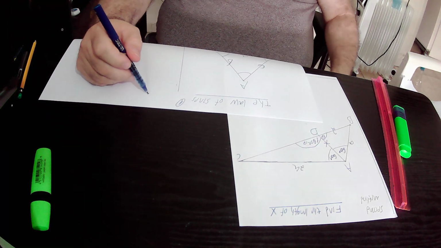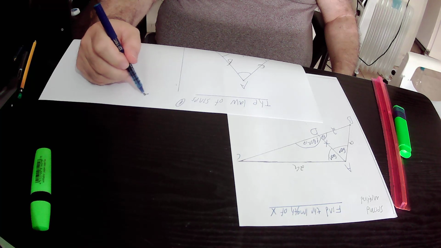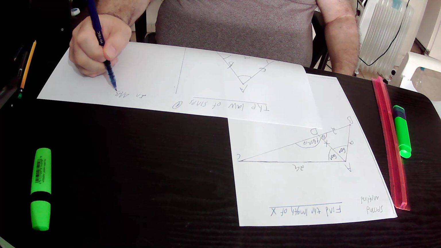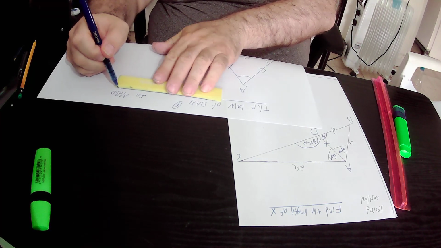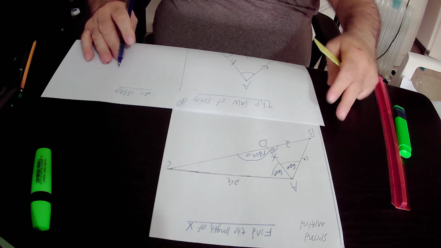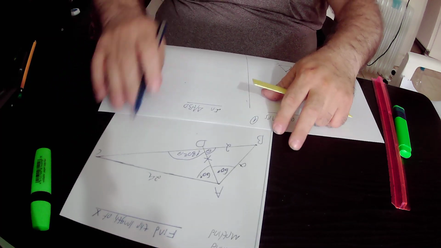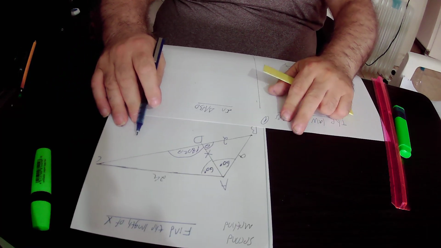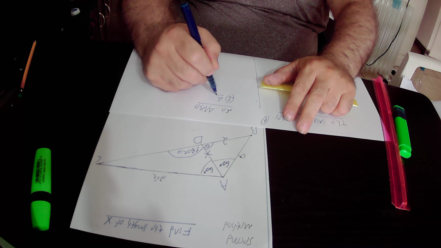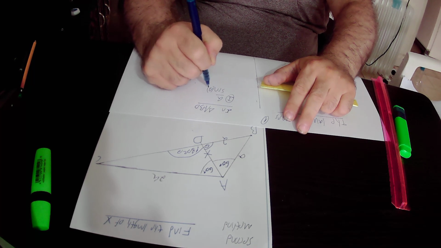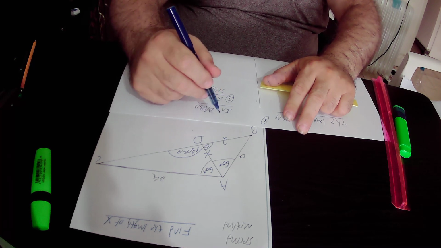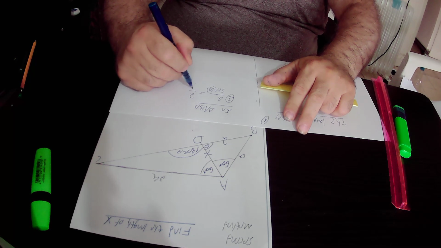In triangle ABD, according to the law of sines, we will get that A over sine theta equals 2 over sine 60 degrees.